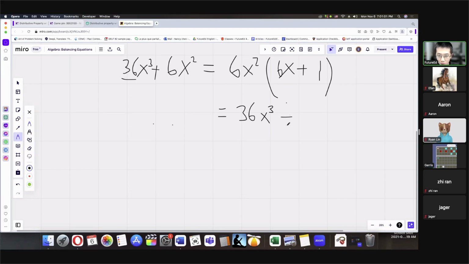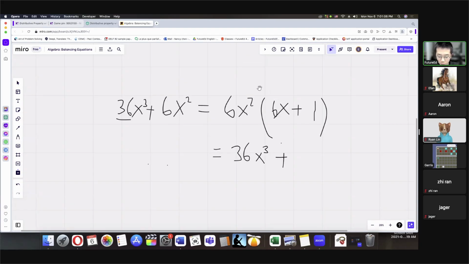And then if you remember the distributive property, we distribute the first side, and then what's 6x squared times 1? So we already distributed 6x squared times 6x, and then we also have 6x squared times 1. Okay, so what's 6x squared times 1?